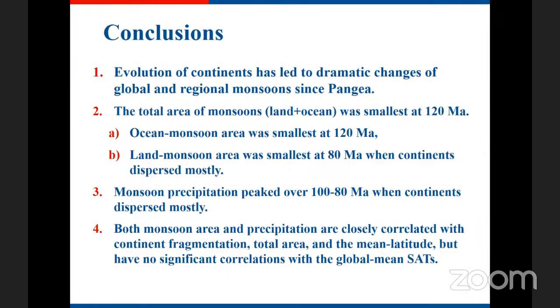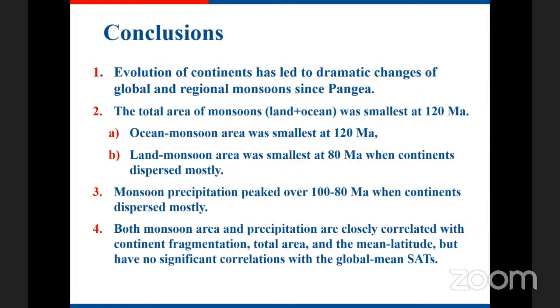The ocean monsoon area was also the smallest at 120 Ma. The land monsoon area was the smallest at 80 Ma, when the continents were mostly dispersed. Monsoon precipitation peaked over 100 to 80 Ma when the continents were mostly dispersed.